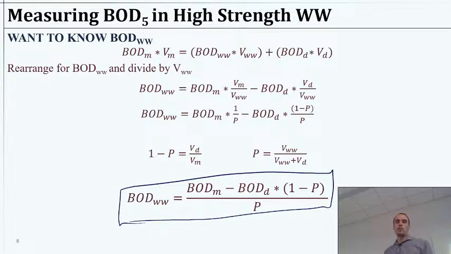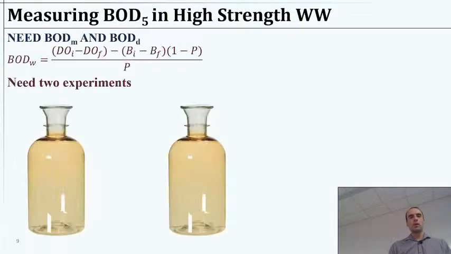So that's our equation, and that's how we're going to address the situation when we have a seeded dilution water. We need to seed it so that there's enough bacteria to do the job. I mentioned this already, but we need 2 experiments whenever we're doing the seed thing. One is completely filled with seeded dilution water.